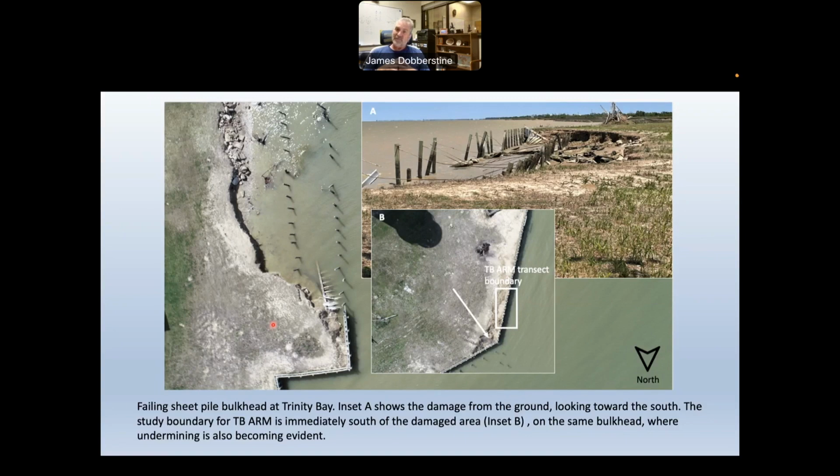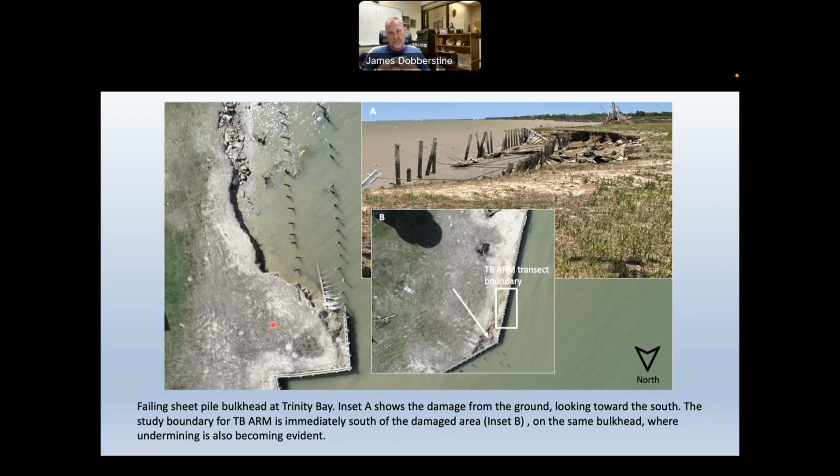And we often see them fail, as you see here. This is up in Trinity Bay. This is a bulkhead that was put in front of a residential property, and it had a little bit of undermining during Hurricane Harvey in 2017, and then it just collapsed over the ensuing years.